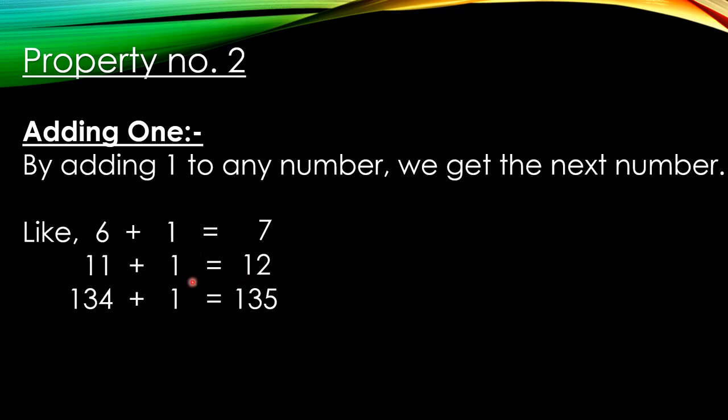So in these all questions, what we have observed, when we add 1 to any number, तो हमें उस नंबर का नेक्स्ट नंबर मिलेगा. जैसे 6 का हमें मिला 7, 11 का क्या मिला, 12, 134 का क्या मिला, 135. अंडरस्टूड.